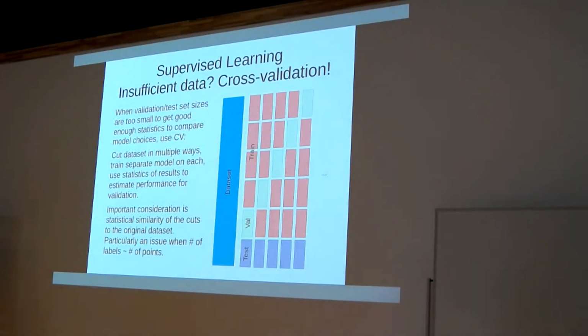And you can easily get into a situation where the number of points in a validation set is comparable to the number of types of labels. So let's say I've got 4 kinds of labels and I've got 10 points. I might have one batch where label 0 appears 30% of the time, and another batch where it appears 50% of the time. And the actual probability in the underlying data is maybe 40%.